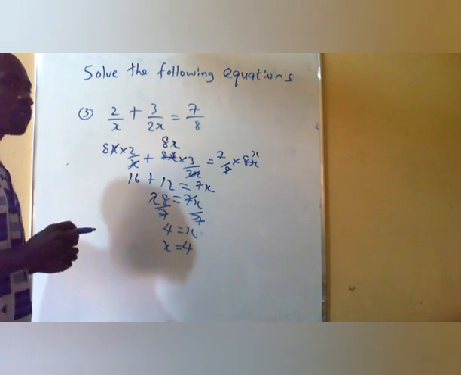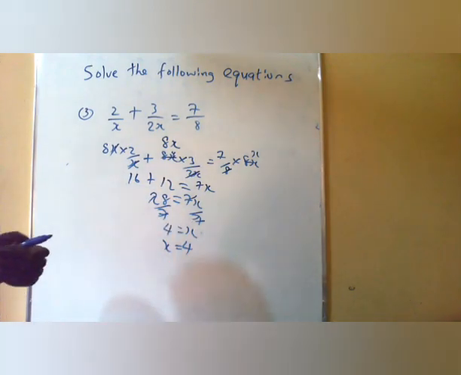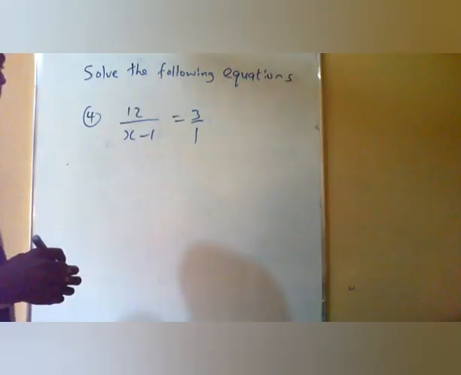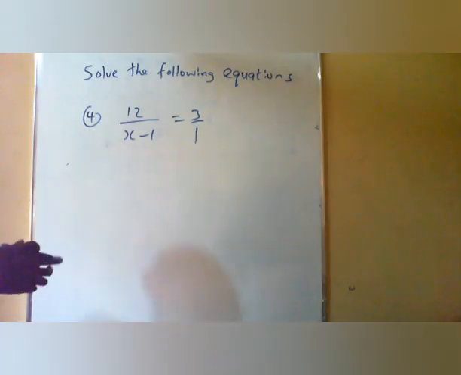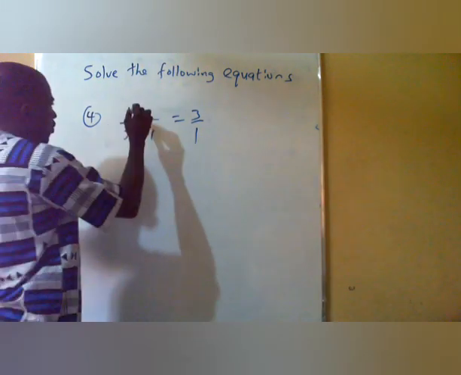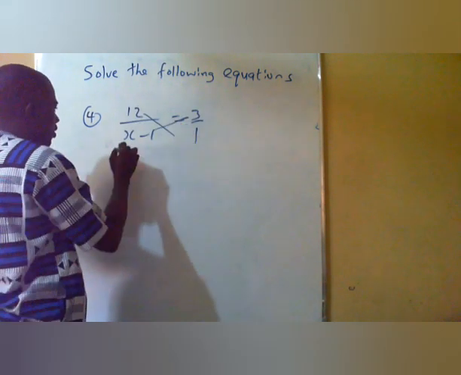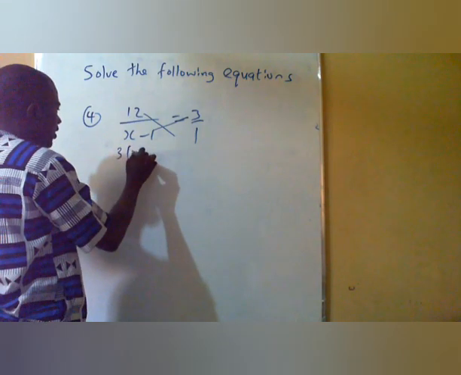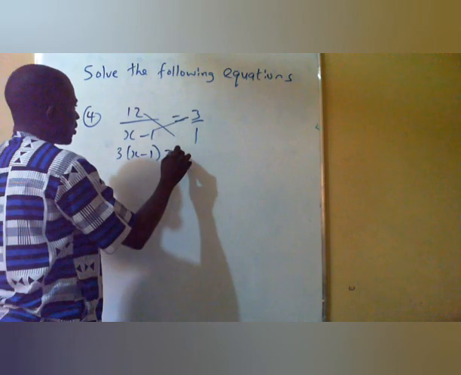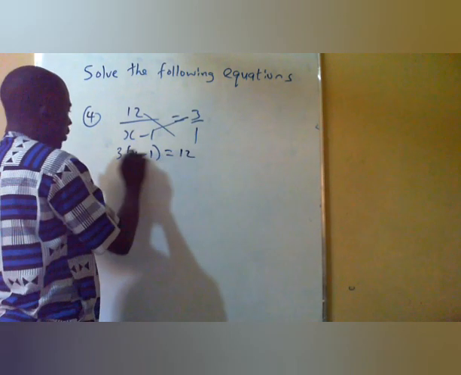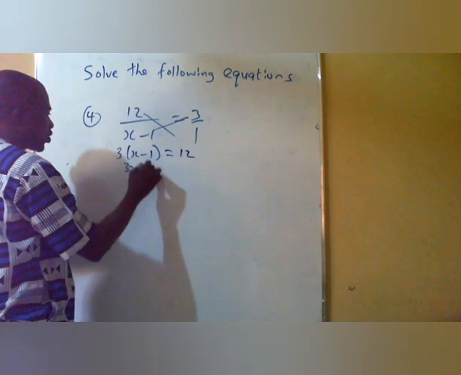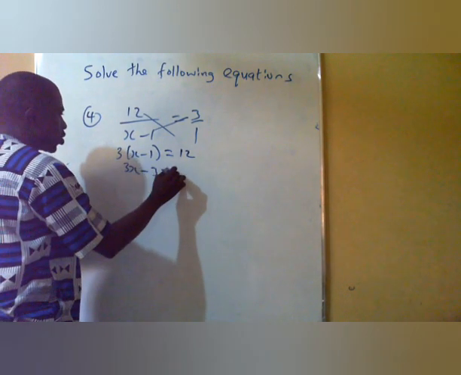So now let's move on to question number 4. We are now in question number 4. This one is very simple. We're going to cross multiply. So 3 open bracket x minus 1 close bracket equals 12 times 1, which is 12. When you open up the bracket, this one becomes 3x minus 3 times 1 is what? 3, equals 12.